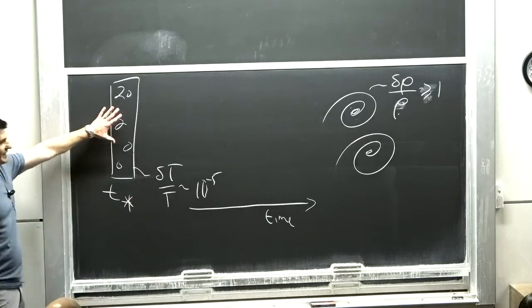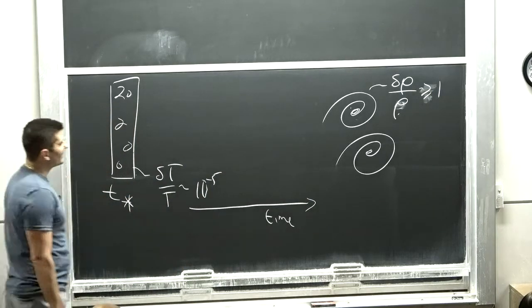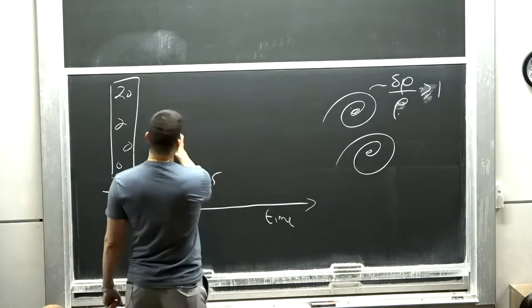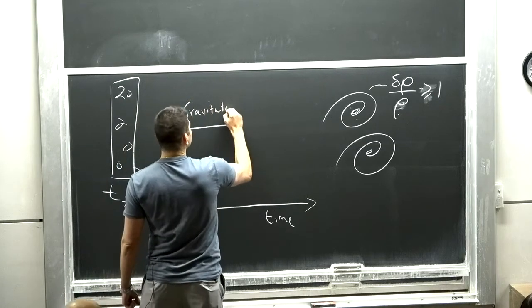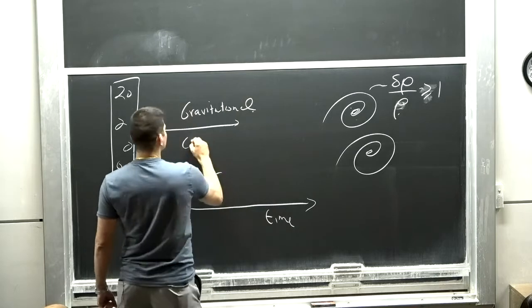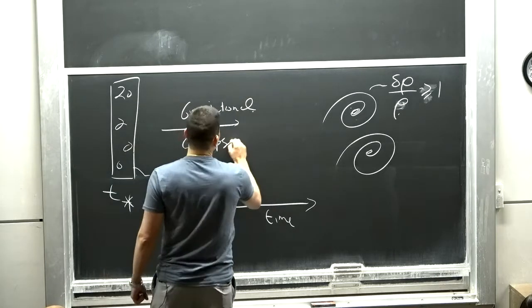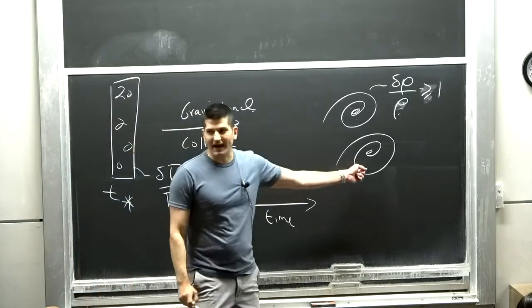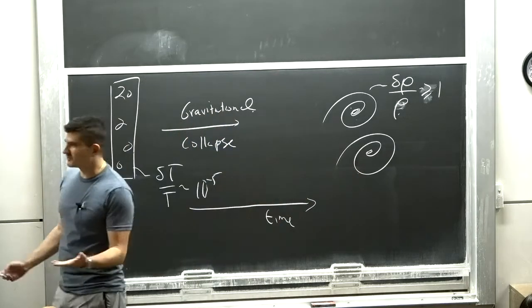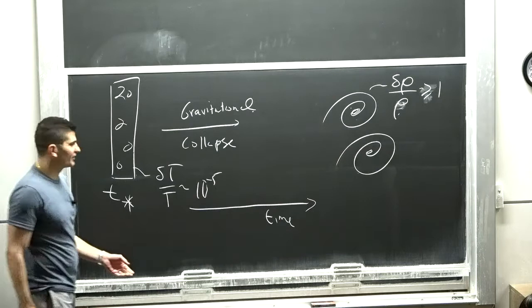This is definitely a very small fluctuation. And so we presume that something happened in here, presumably gravitational collapse, that took us from the CMB to our galaxies. Okay, that seems intuitive. It doesn't seem particularly dramatic.